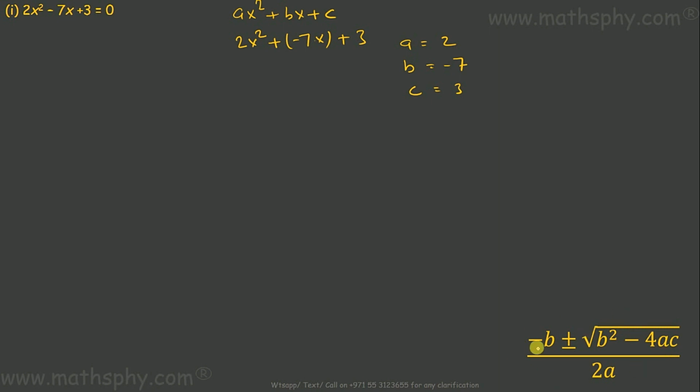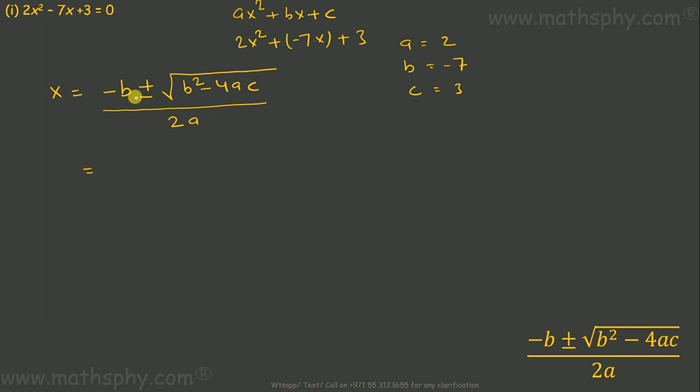Our formula is this: negative b plus minus root b square minus 4ac over 2a. So x is equal to minus b plus minus root b square minus 4ac over 2a.